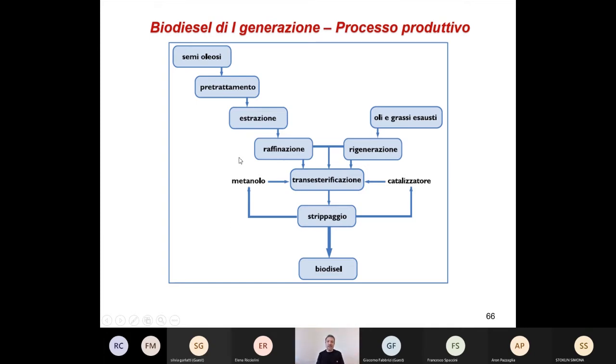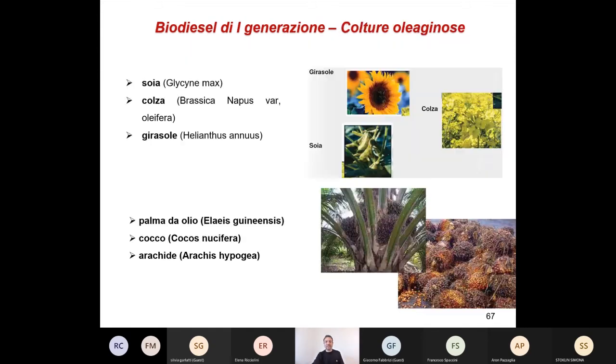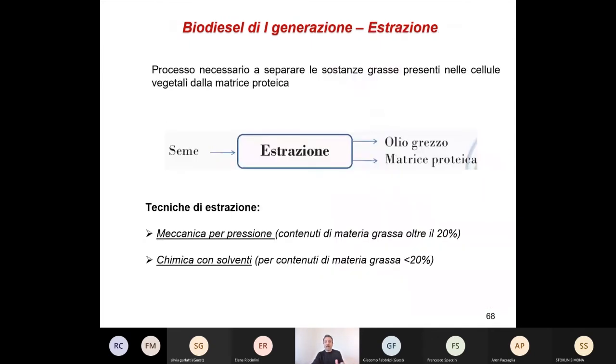Very, very quickly, I go to the main points of this part, just to mention that you can extract vegetable oil from seeds with a mechanic process, so a mill that creates a pressure that extracts oil, or with chemical solvents.